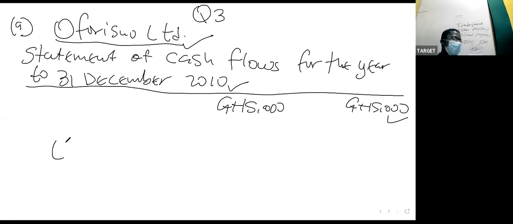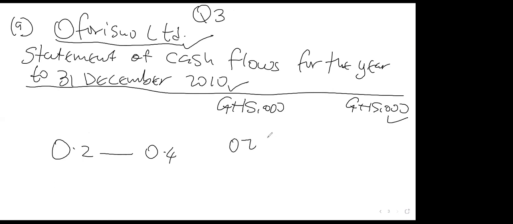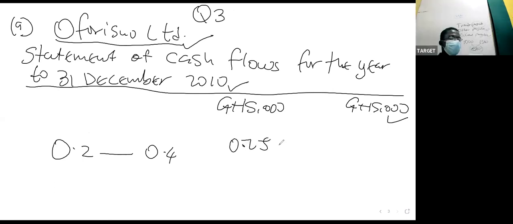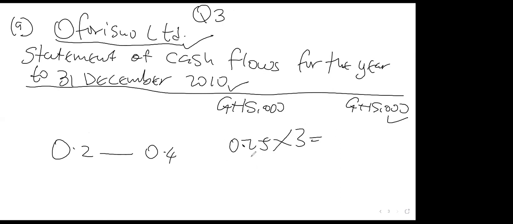In fact, it ranges from 0.2 up to the maximum, highest apex. The max is 0.4, highest we can go. But we go 0.25. Your own is 0.25. So imagine 0.25 times 3. It's not even up to 1.